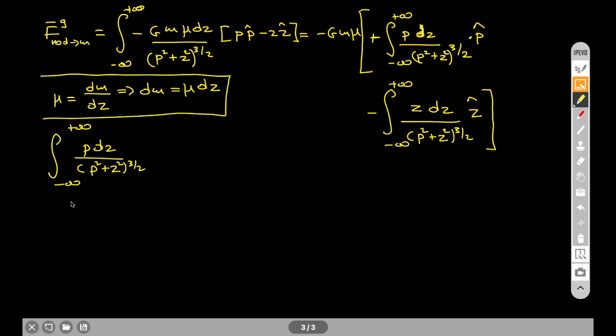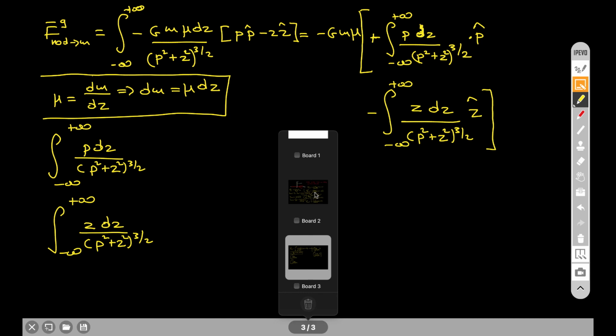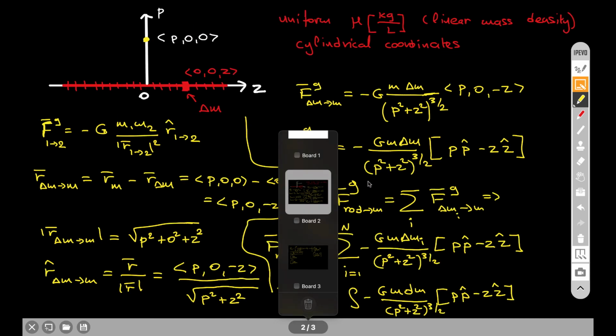So you need to do this calculation, and you also need to do this calculation: z dz over rho squared plus z squared to the 3 over 2. So you need to find those two integrals, and those two will tell you the two components. Now, I will give you a hint though that can help you find out if you have a mistake or not.